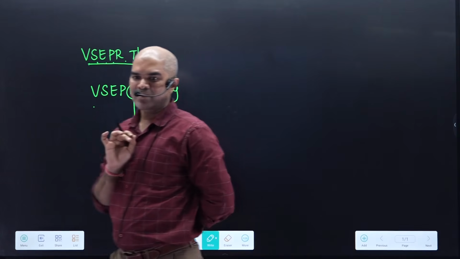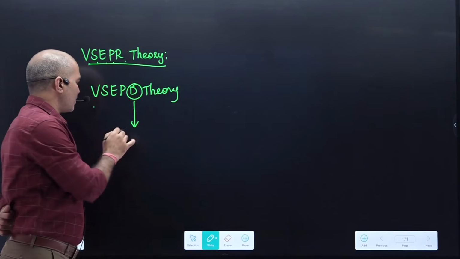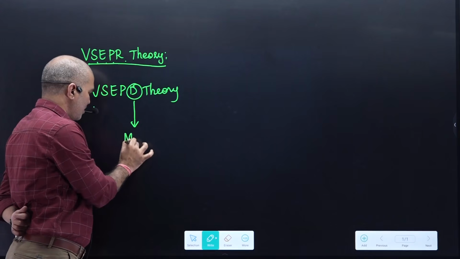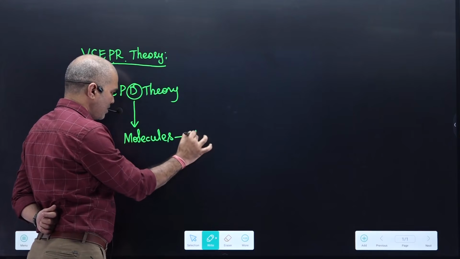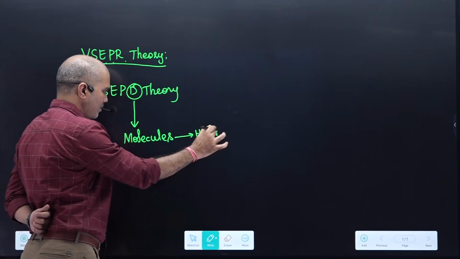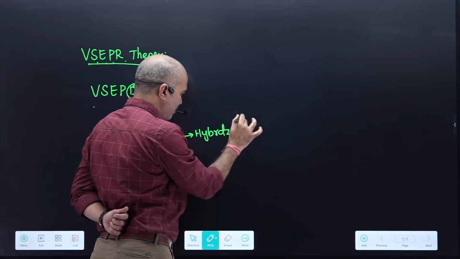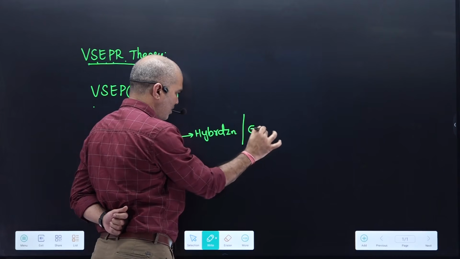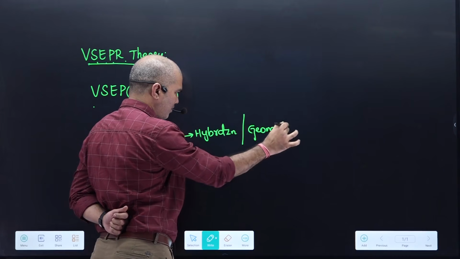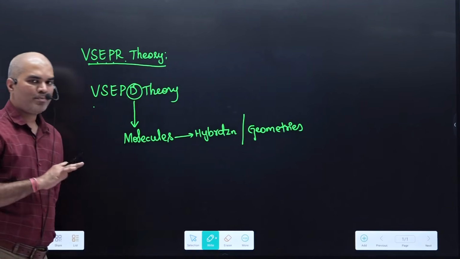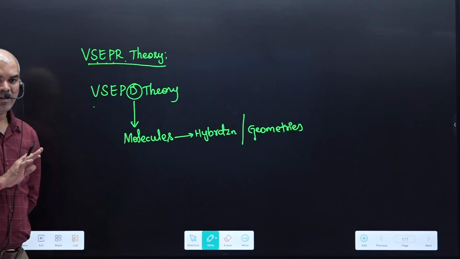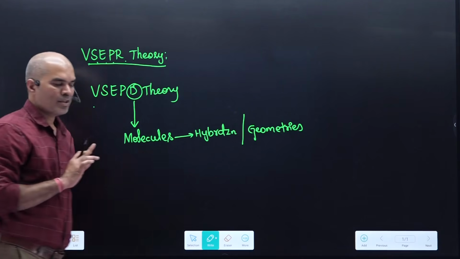In VSEPR theory, whatever molecules are formed, we try to explain their hybridizations. This is one part. We also try to explain their geometries, which is more important, because till that time they did not explain the geometries, but now this is a theory which explains the geometries also.